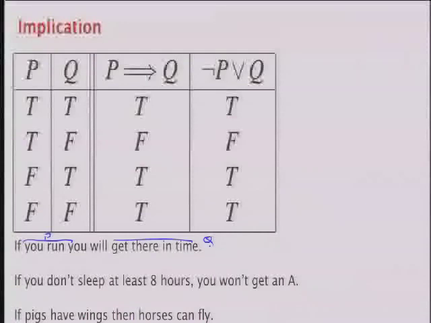So this statement is true unless one of 2 things happens. So either, first of all, if you sleep at least 8 hours, then this implication is automatically true. Right? Because this statement has nothing to tell you.